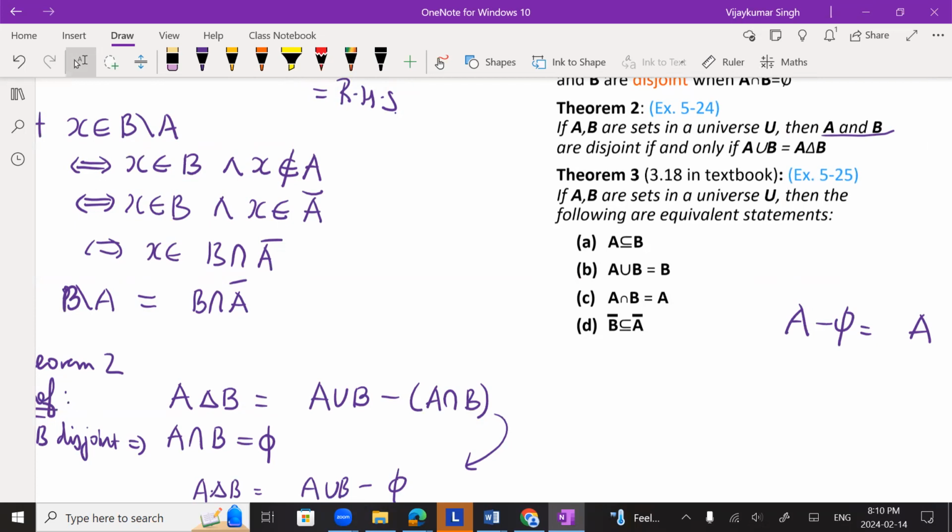If I have A is a subset of B, I can replace that by A union B is B, or by A intersection B is A, or by the complement of B is a subset of the complement of A. A few things we can prove quite easily.